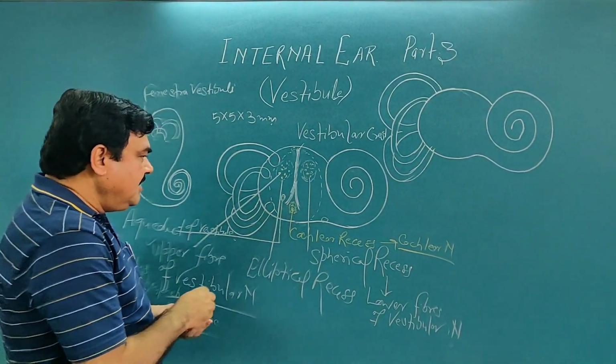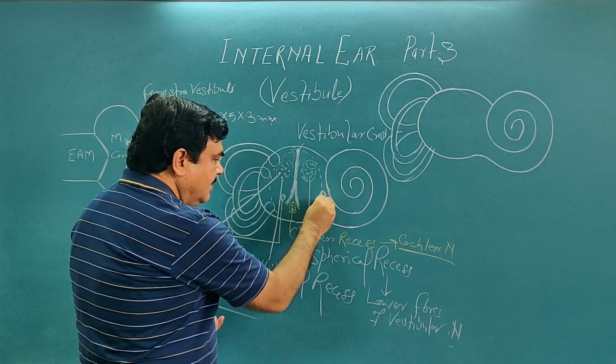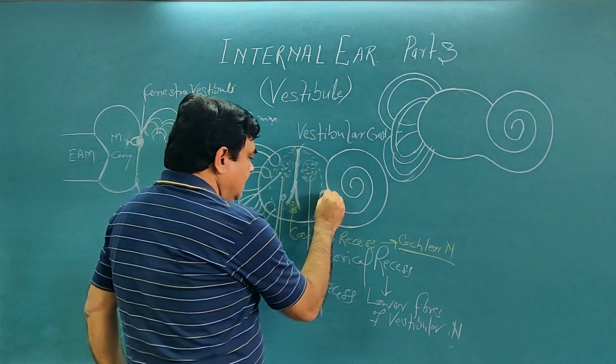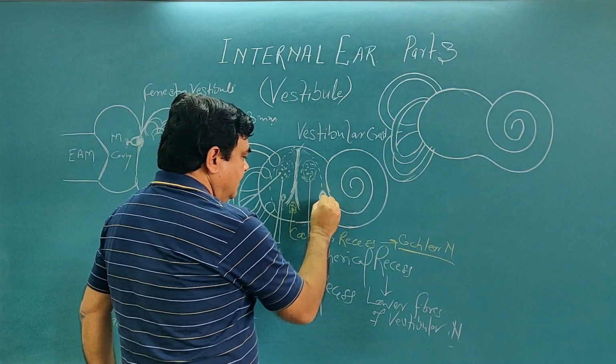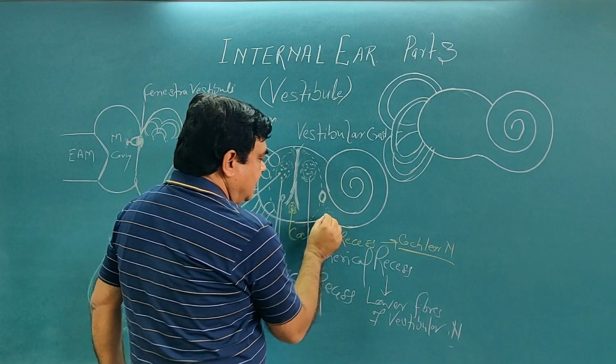Now you can see the anterior wall. Here lies the scala vestibuli.